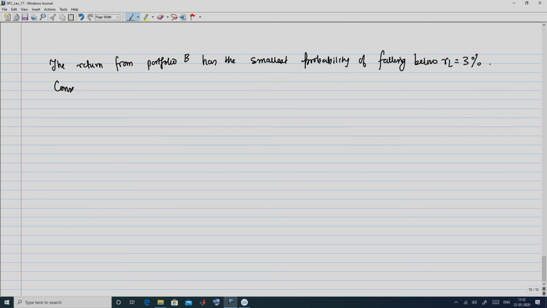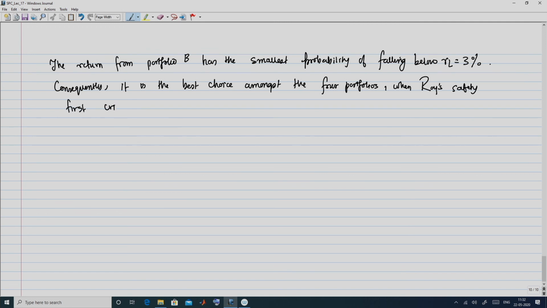Consequently, it is the best choice amongst the 4 portfolios when Roy's safety first criteria is applied.